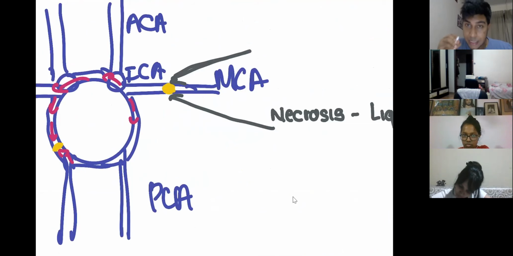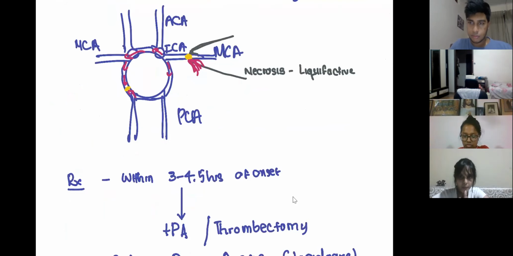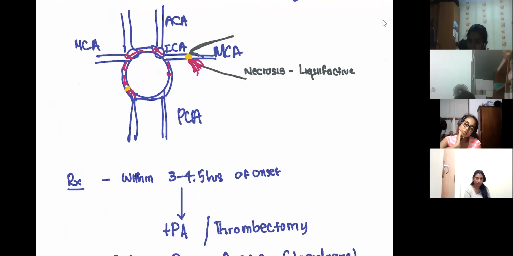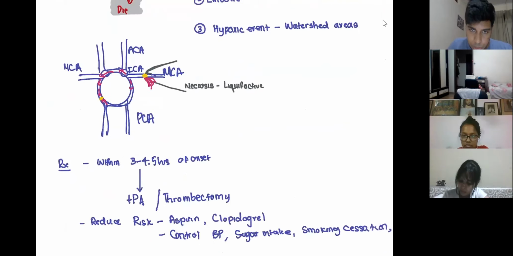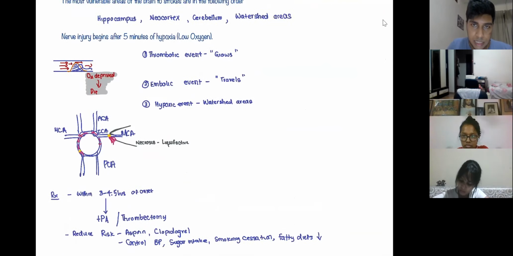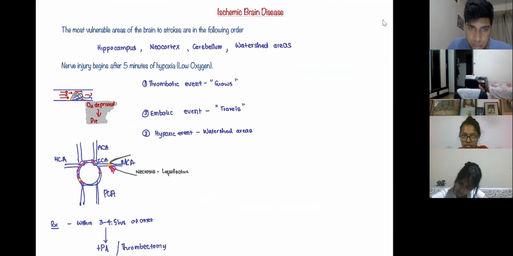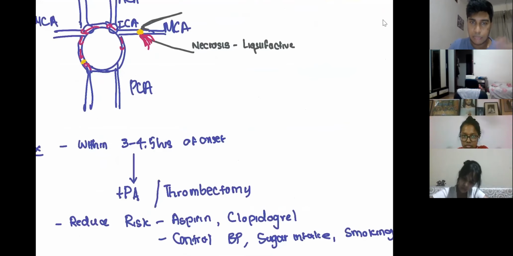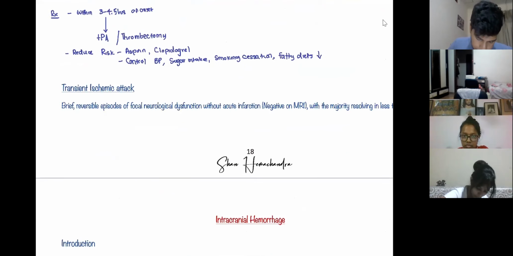Now what happens if you misdiagnose this patient and instead of a clot, he's actually bleeding? If it is a hemorrhagic stroke, what happens if you give TPA? I hope you guys understand this. You have literally done the opposite of what you should do, and the patient can bleed to death. Remember, you need to make sure that you confirm it is an ischemic stroke before you start TPA. I will talk about the management later.